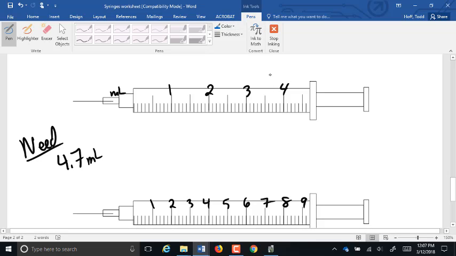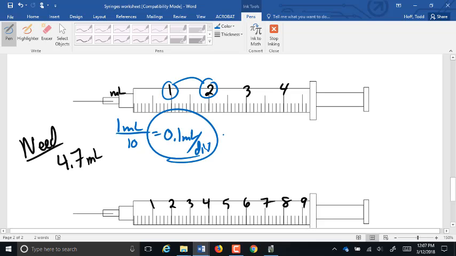Well, we look at this first one. Each division here, if we figure that out, is one milliliter between there, 10 divisions. So it's 0.1 milliliter per division. This one, from there to there, is still 1 milliliter, but there's only 5 divisions.